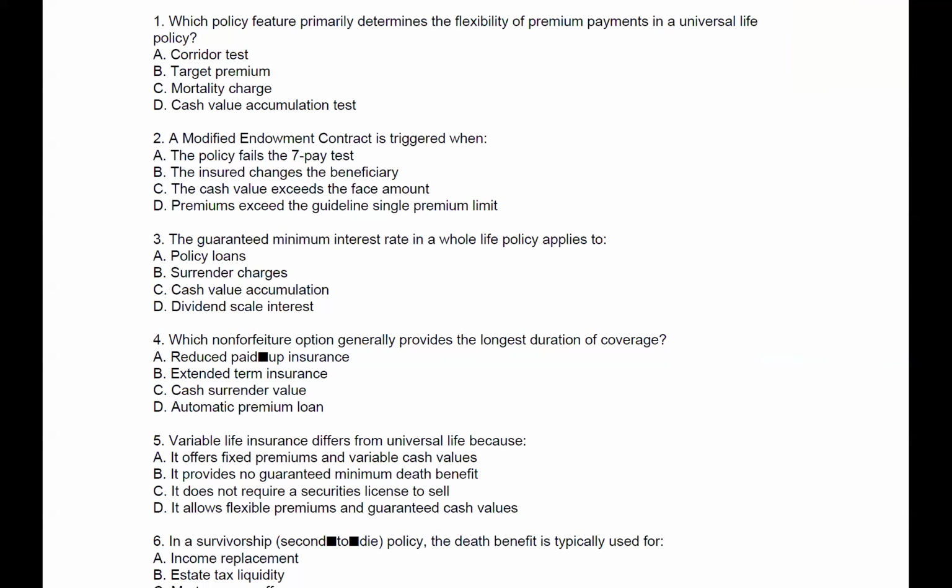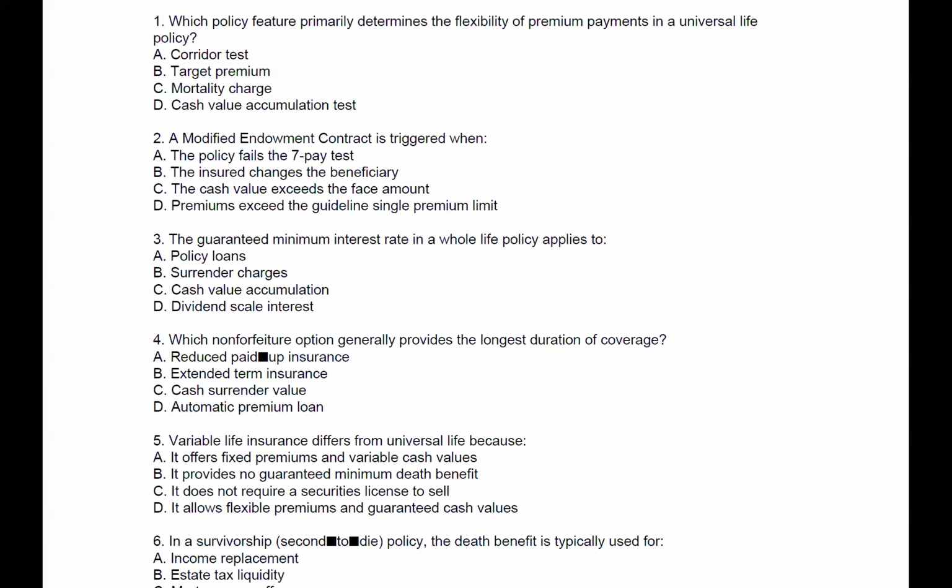It would be C. No, read the question again. Which non-forfeiture option generally provides the longest duration of coverage? Reduced... automated premium loan? No. It would be B, extended term insurance.